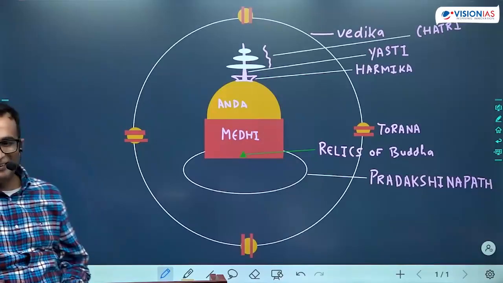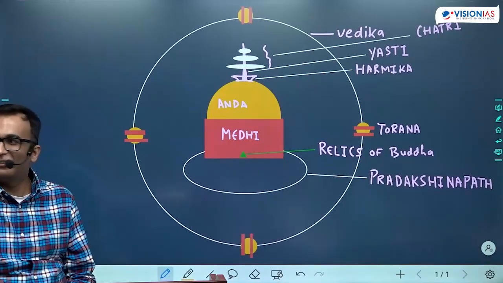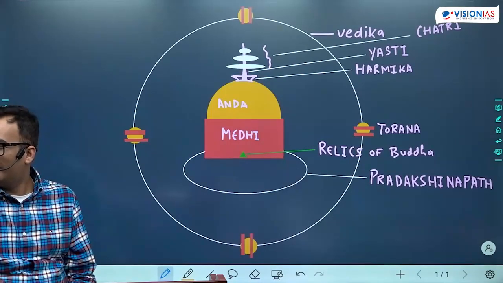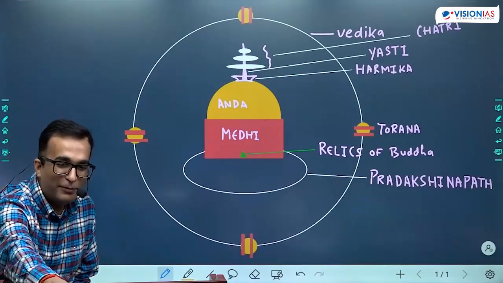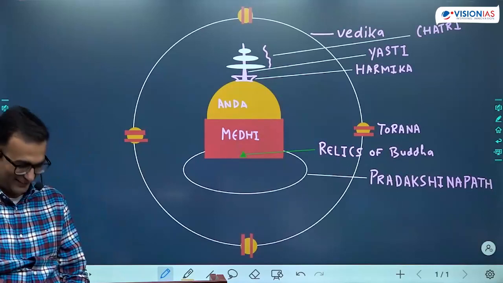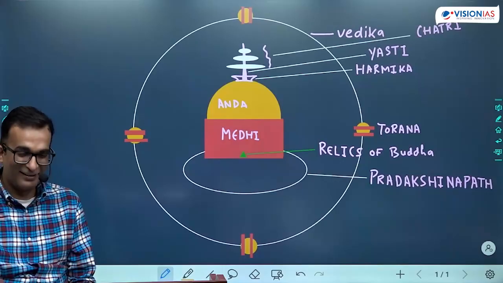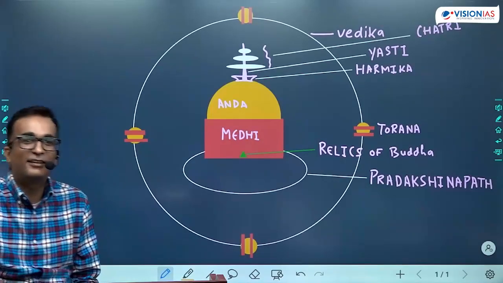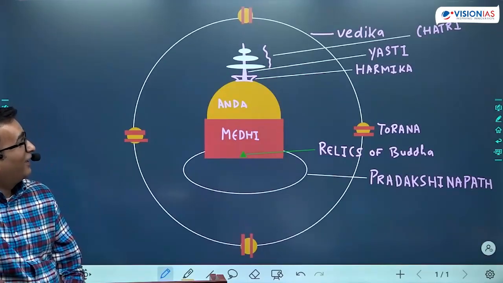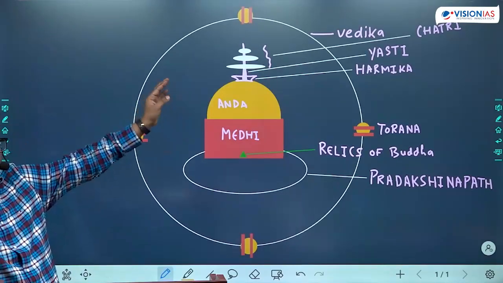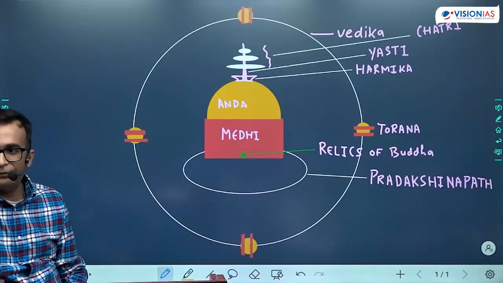Then some of you are very quick. Don't be so quick that you finish the paper in 1.5 hours and sit idle. So in Vedika, if you want, you can write in the brackets that it is boundary wall, and Torana is the gateway.